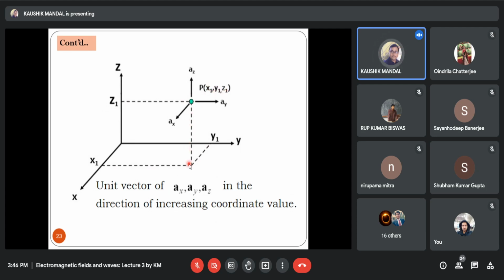If you draw the projection, that will be the x1 value, this is the y1 value, and this is the z1 value. The unit vector along x will be along this direction. The unit vector along the y-axis, that is a_y, will be along the y-axis, and the unit vector along the z-axis will be along this direction.